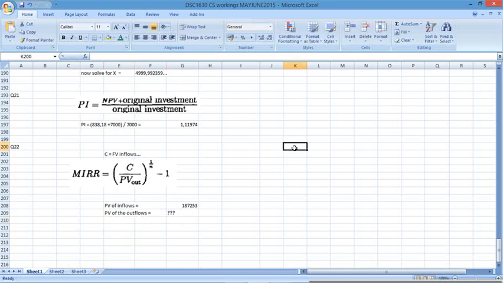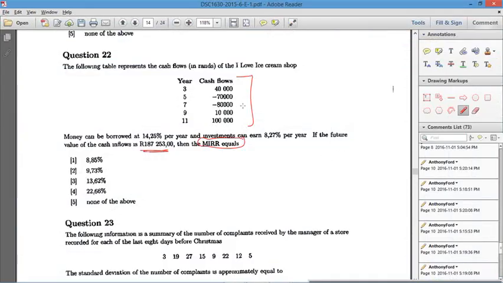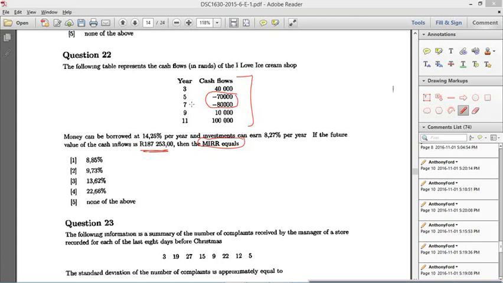Okay, so I need to draw up my cash flow. So using, okay, how many do I have? 11. Okay, obviously I'm putting in what? These, the outflows. Okay, so an outflow occurs year 5 and year 7.